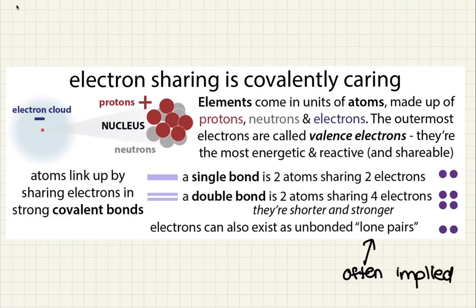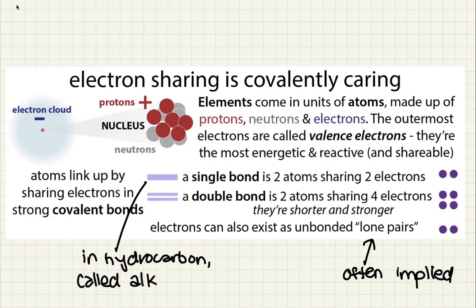And so we'll look at how we get some practice in figuring out where there are implicit lone pairs, because we often don't draw them, but they're often present on oxygen and nitrogen, phosphorus and stuff like this. If we have molecules that are bonded by a single bond in a hydrocarbon, we call these alkanes.